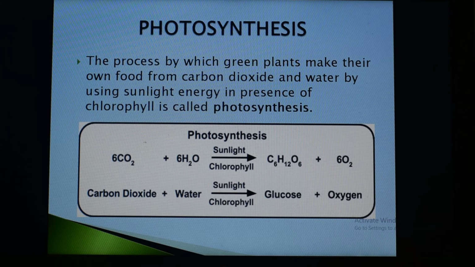Oxygen gas is produced during photosynthesis as a product. Thus, this oxygen goes into the air. This oxygen gas released in the process of photosynthesis is utilized by all living organisms for their survival.